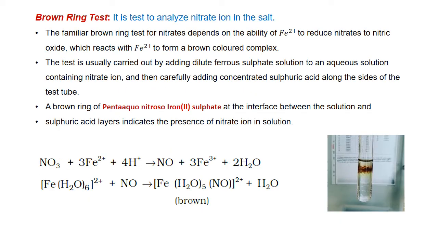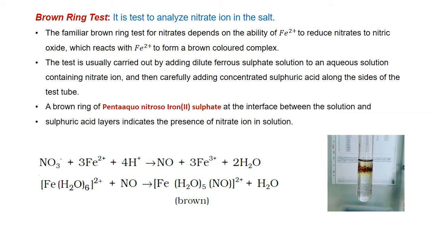Brown ring test. In the laboratory, the nitrate ion can be analyzed by the brown ring test, and for that we take a freshly prepared salt solution having nitrate ion. To it we add freshly prepared ferrous sulfate solution, and then we add concentrated sulfuric acid from the side of the test tube.